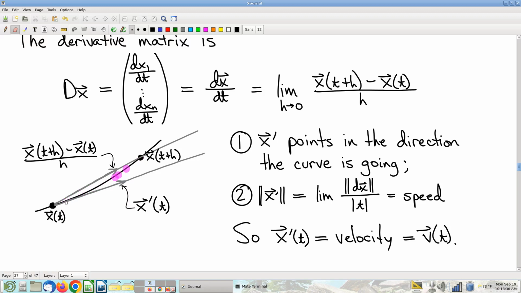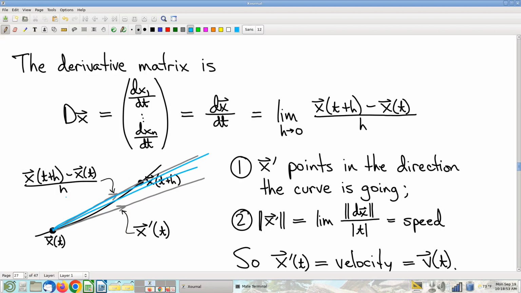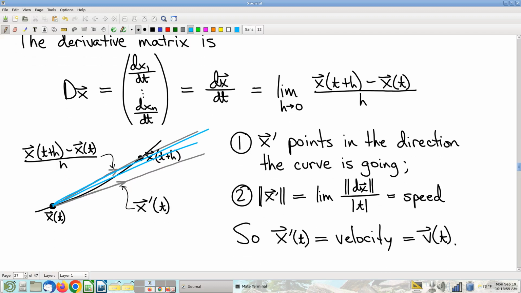Another thing that's going to happen is that these difference vectors, these difference directions, are going to be getting closer and closer to tangent to the curve.